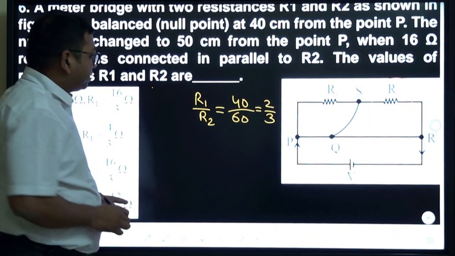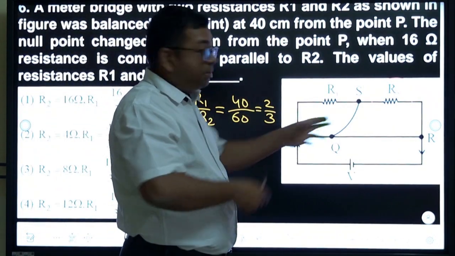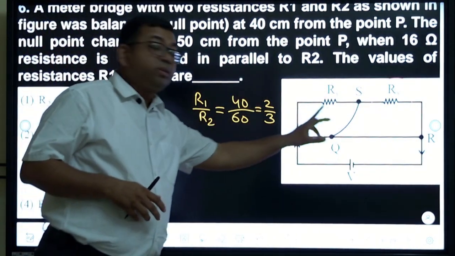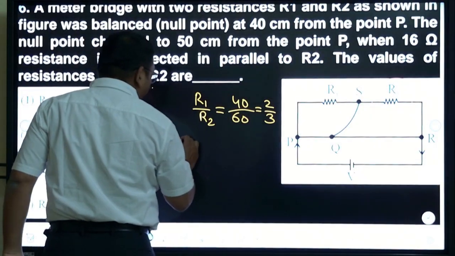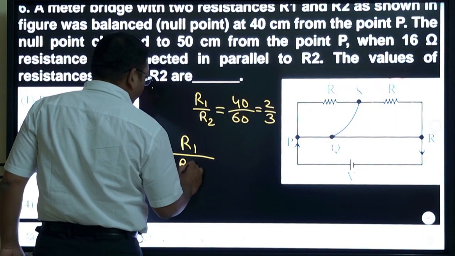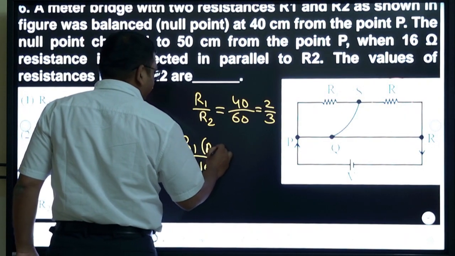Correct? We know this. Now next, they are applying some parallel in R2. How much parallel are they applying? 16 ohm is applied in parallel. So what will the ratio be now? R1 by, that will become R2 into 16 divided by R2 plus 16.